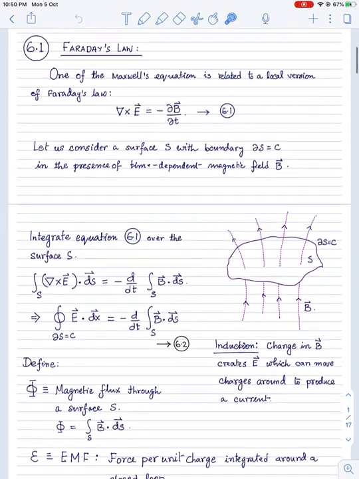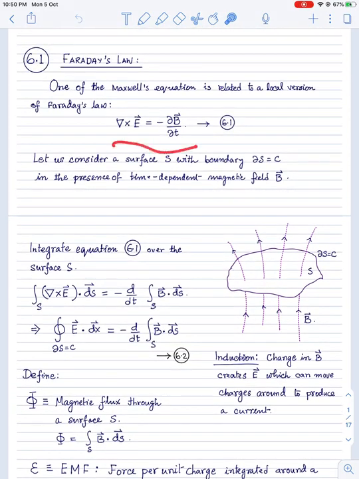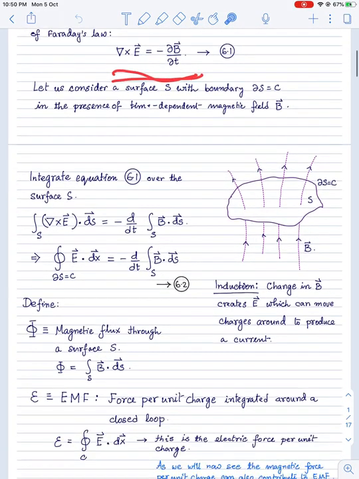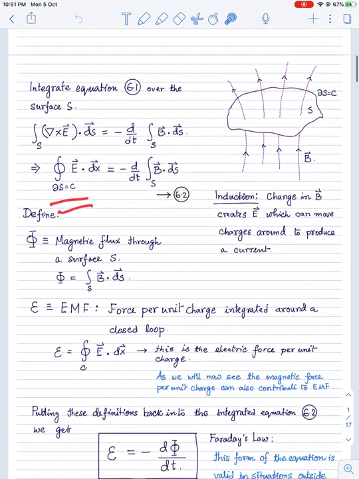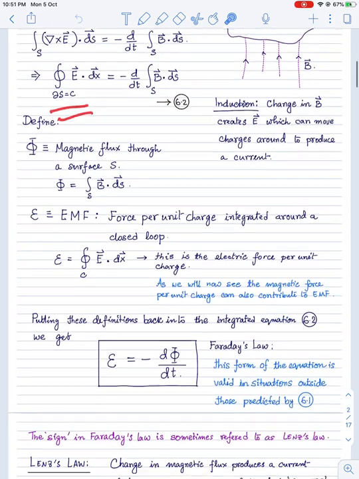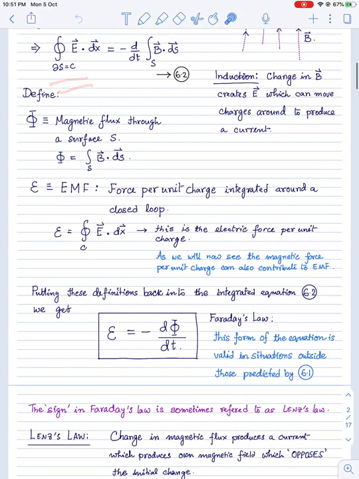In general, when I define EMF, it can be electric as well as magnetic. But it so happens, if I take this equation and integrate, then I get the electric force per unit charge on the left hand side, integrated along some closed loop, and this is equal to the time derivative of the magnetic flux which is passing through a surface which is enclosed by this closed loop C.